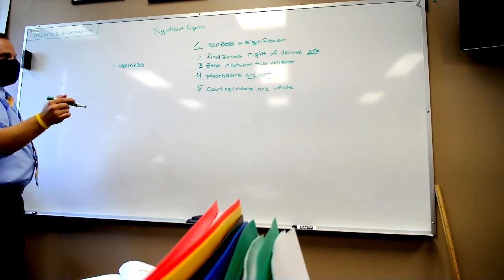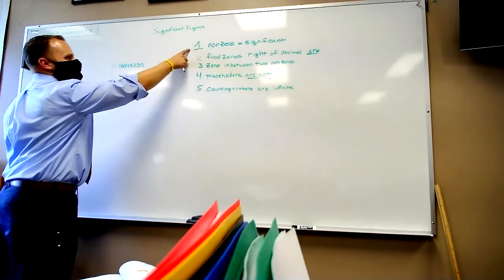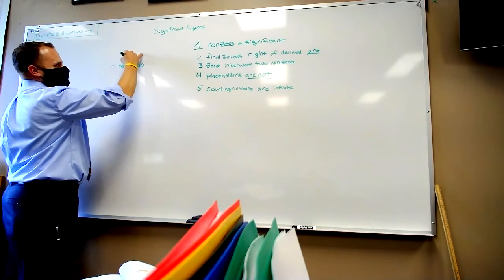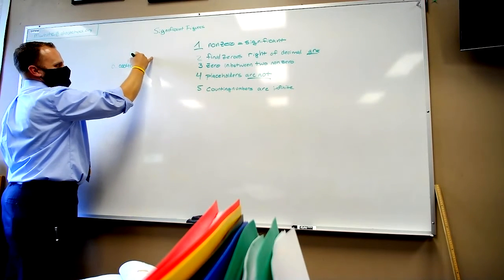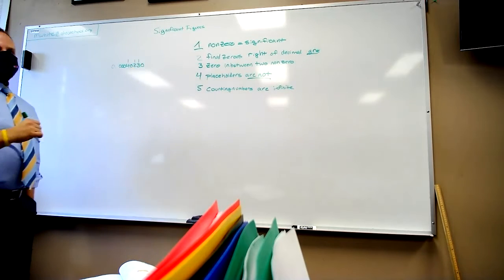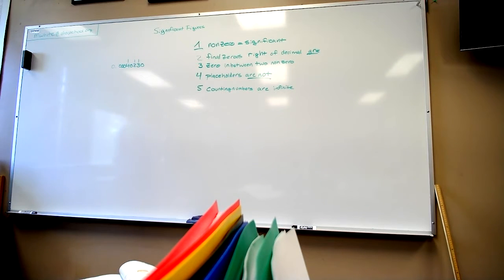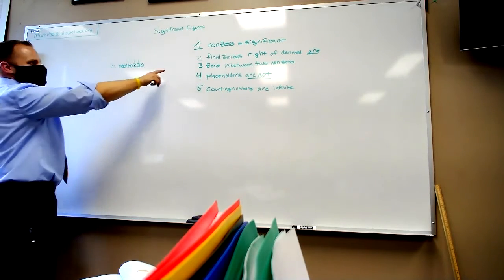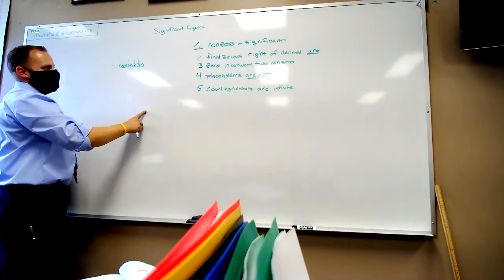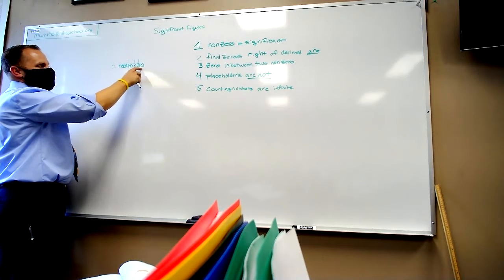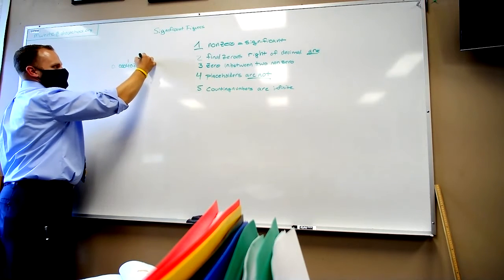Well, first off, rule number one, non-zero is significant. So this one right here is significant. That is, and that is. Okay, that's easy. Now let's deal with the zeros. Final zeros to the right of a decimal. So we have a final zero right there. So that one is significant.